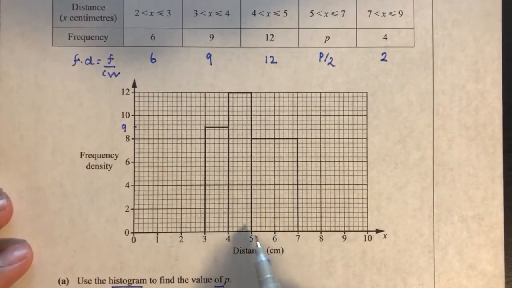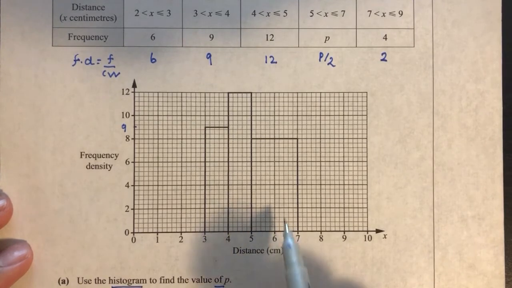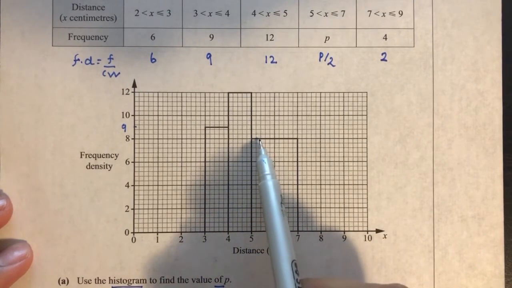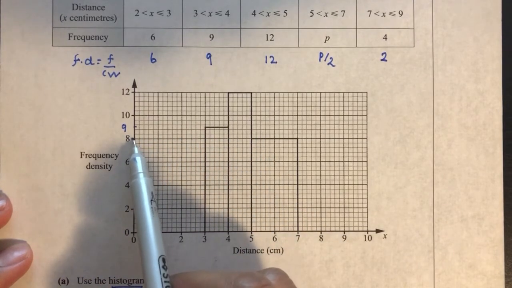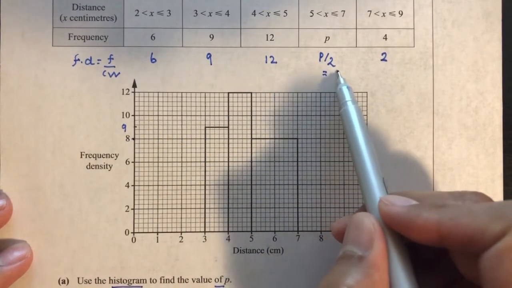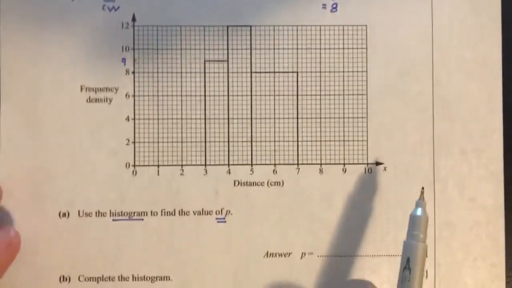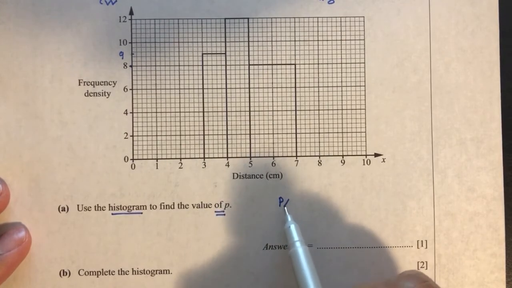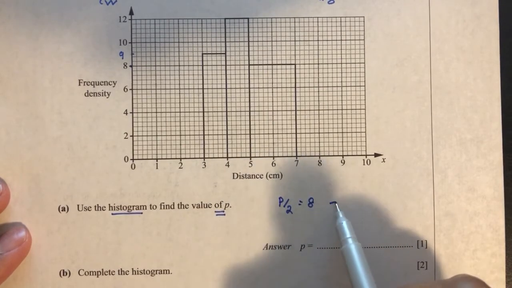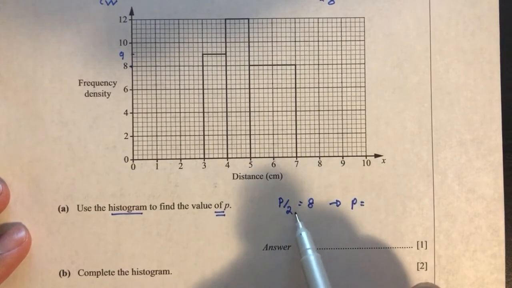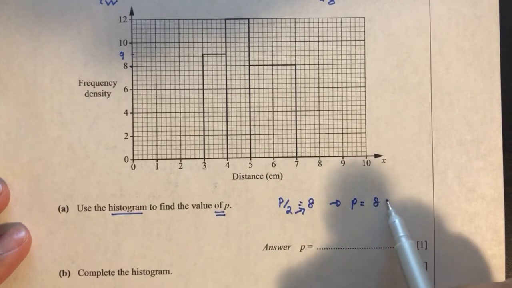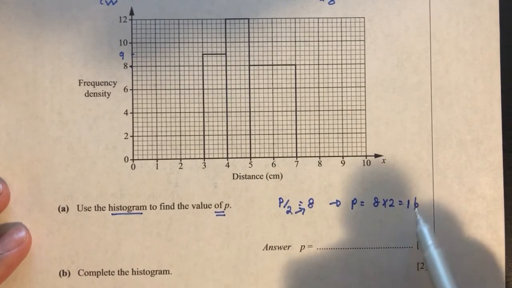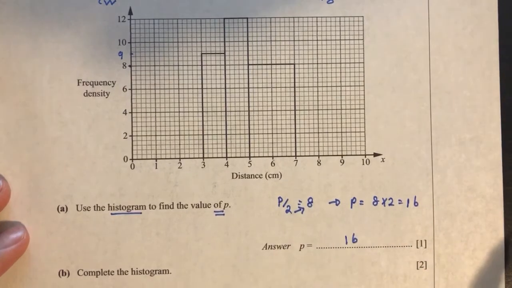For 5, 7, we see the frequency density has the value of 8, which means p over 2 is equal to 8. So the value of p will be, we bring this here, 8 times 2. That will be 16. That's the value of p.